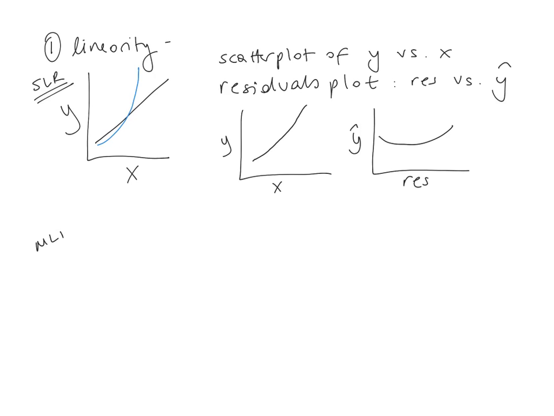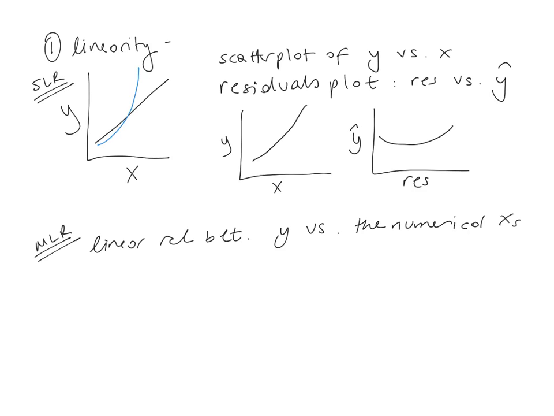When we have multiple linear regression, we again want linearity between your response variable and your explanatory variables, but this time you have many explanatory variables. So really what we're looking for is a linear relationship between y versus the numerical x's, okay?